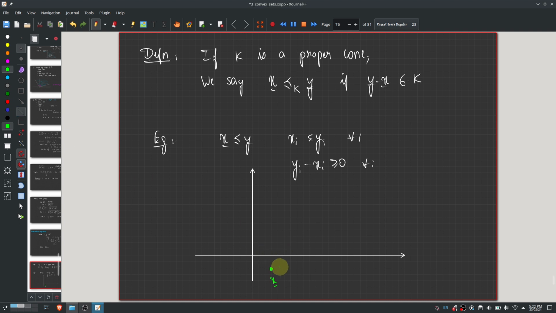Correct? So basically, I can draw these lines, and this entire region corresponds to the set of all y such that y is greater than or equal to x, component-wise.